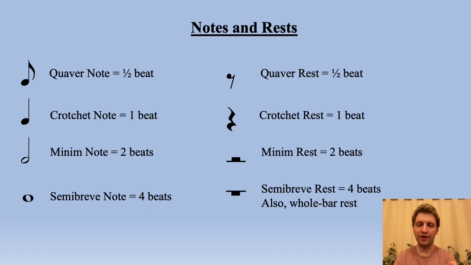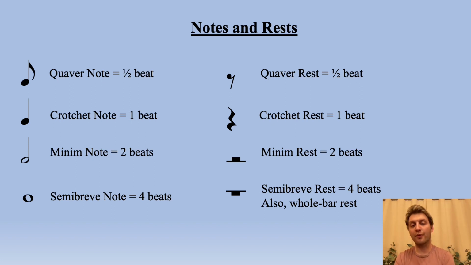So the minim rest is like this rectangular box, and that sits on top of the third line, and that equals 2 beats. The semibreve rest sits on top of the fourth line, so the minim is on top of the third line, and the semibreve is underneath or falls below the fourth line.